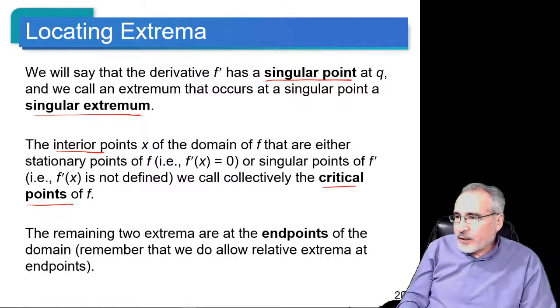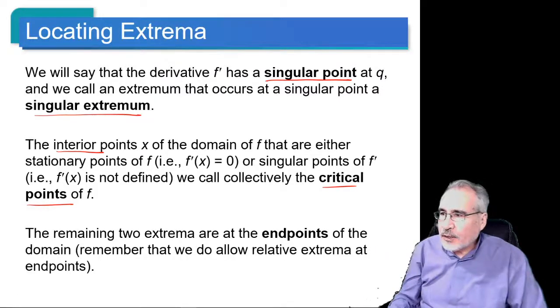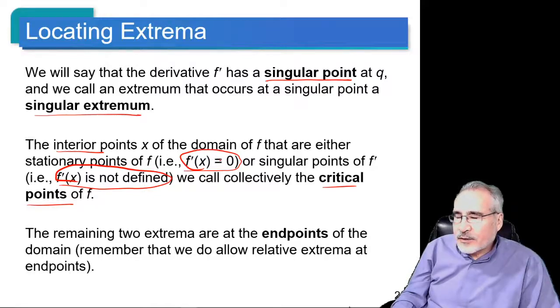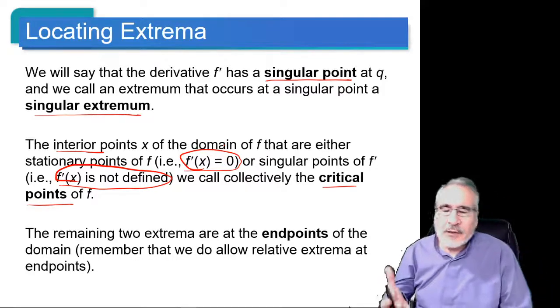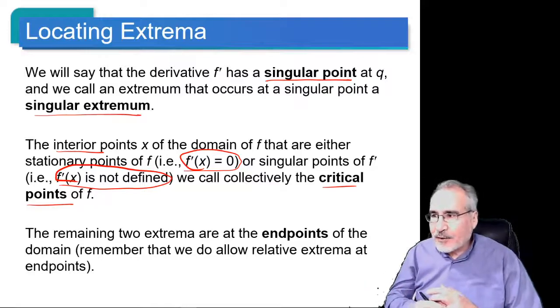Okay. So again, here's a more formalized definition. Critical points are what we're looking at. Those are the interior points, so not the endpoints, but the interior points. And there are places where either the derivative equals 0, horizontal tangent line, or it's not defined. Okay, and if it's not defined, that's a singular point. If it is defined and equal to 0, that's what we'll call stationary, right? And again, we don't have to remember these words as much except for when they're asking for them, I guess.